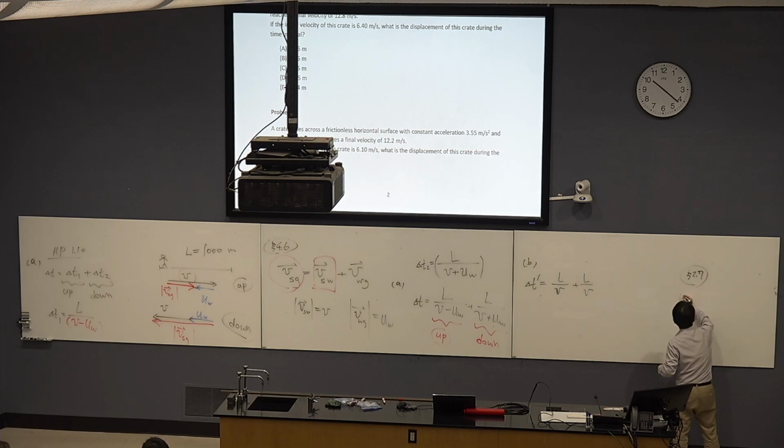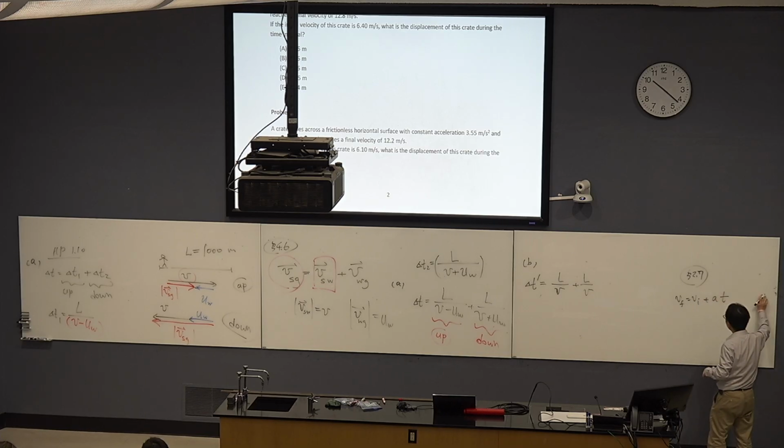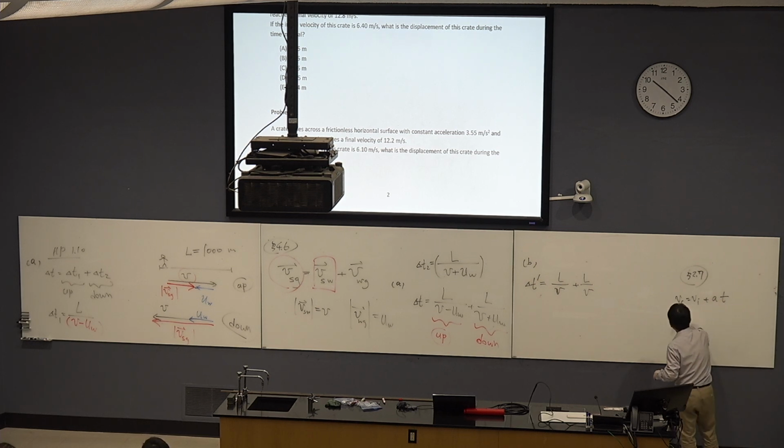The 4 kinematic equations will be, first, V final equals V initial plus A times T. It's in the x dimension, so this should be called A sub x. The second equation is x final equals x initial plus 1/2 times (V initial plus V final) times time.